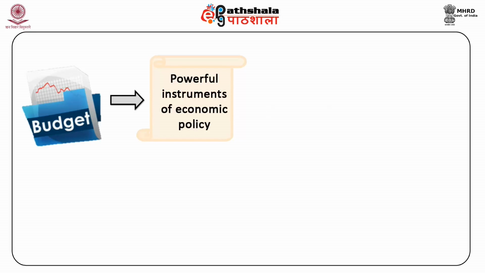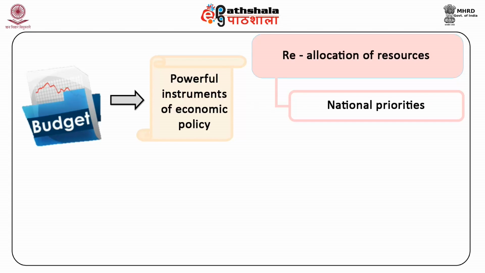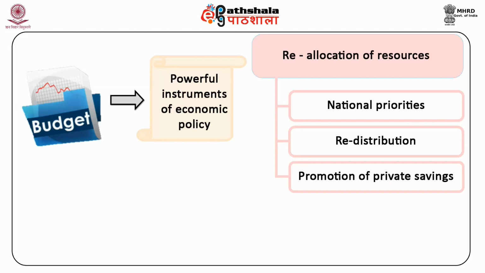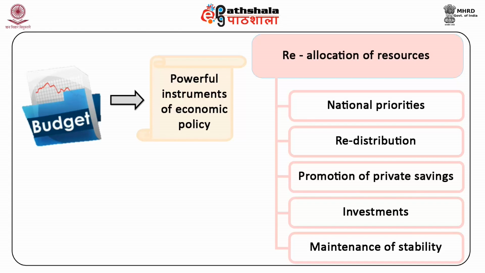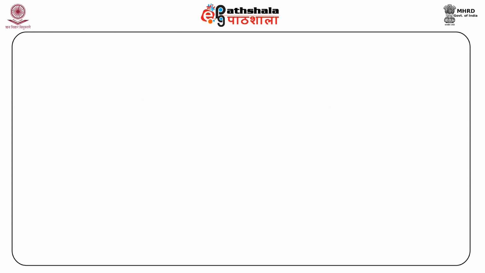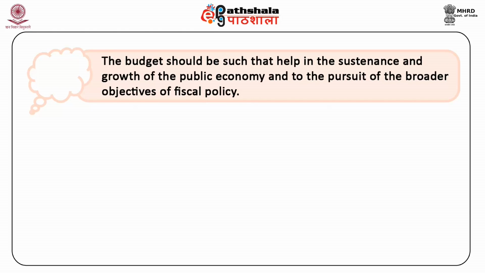Through it, a government can reallocate resources according to national priorities, redistribution, promotion of private savings and investments, and the maintenance of stability. Thus, the budget should be such that it helps in the sustenance and growth of the public economy and in the pursuit of the broader objectives of fiscal policy.